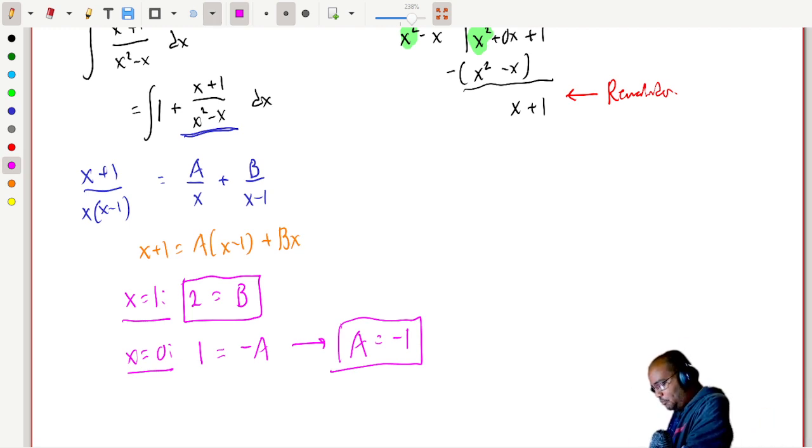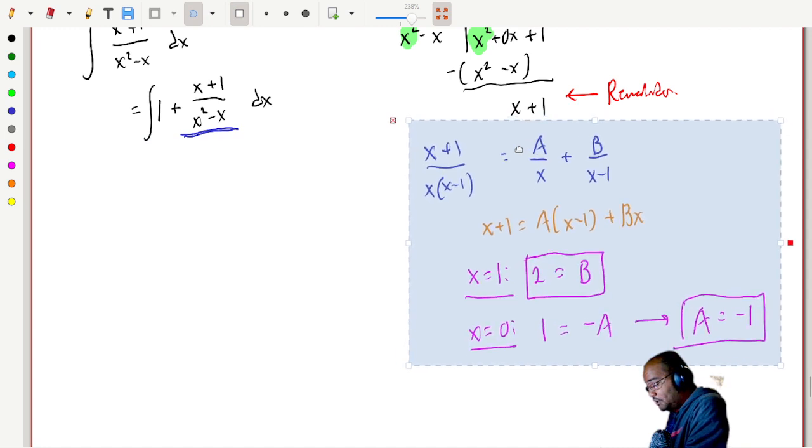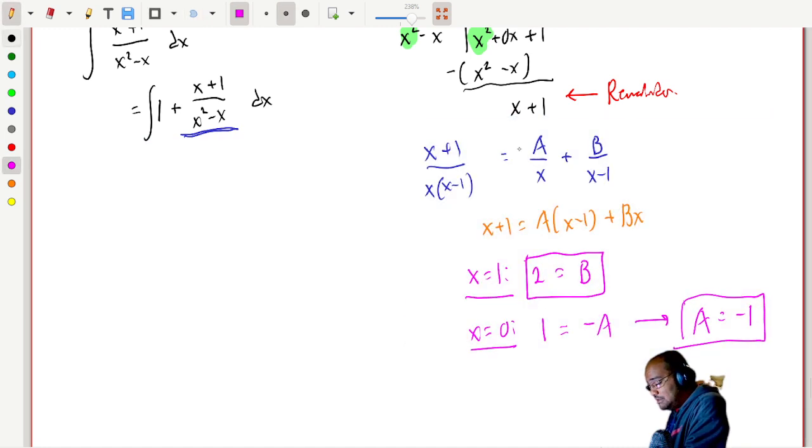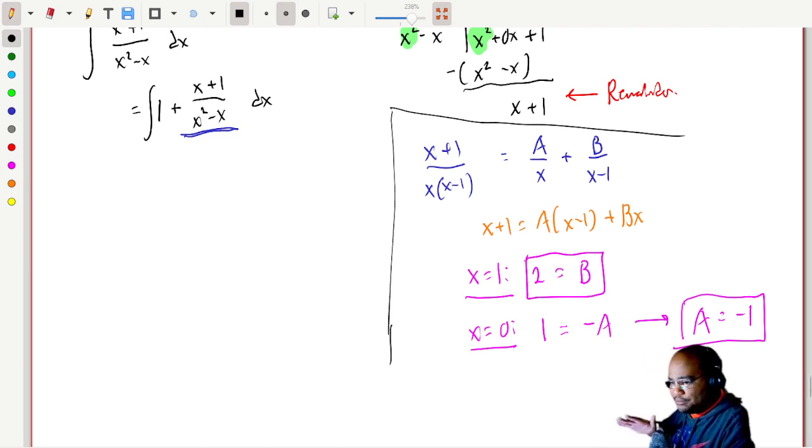Let's actually go ahead and move this off to the side somewhere, so I have a bit more room for my integral. All right. We're almost done. So let's write down the recipe from the decomposition here.